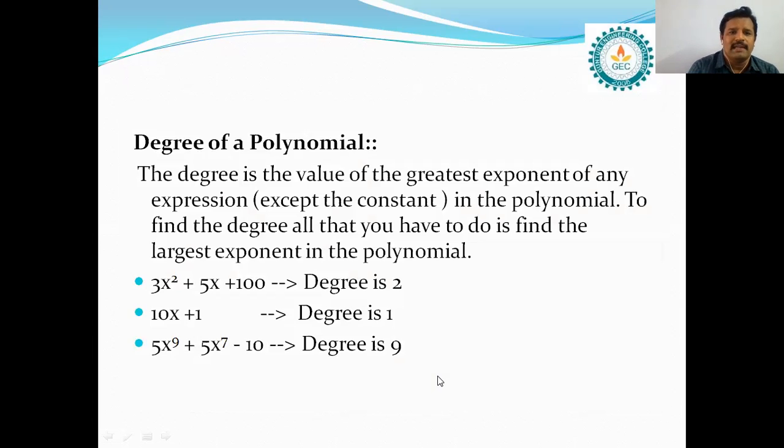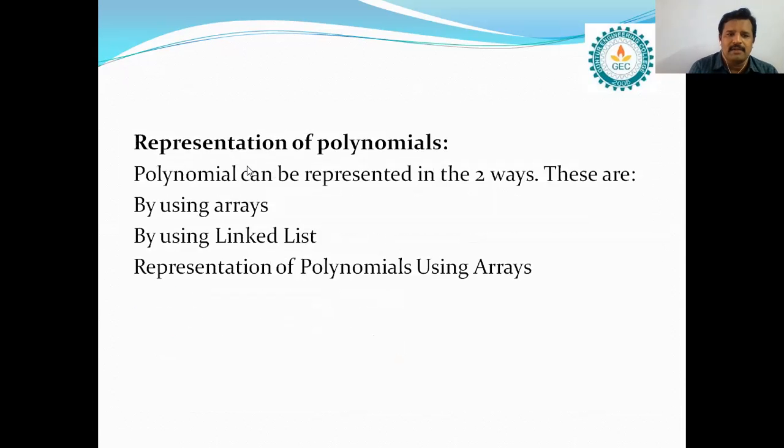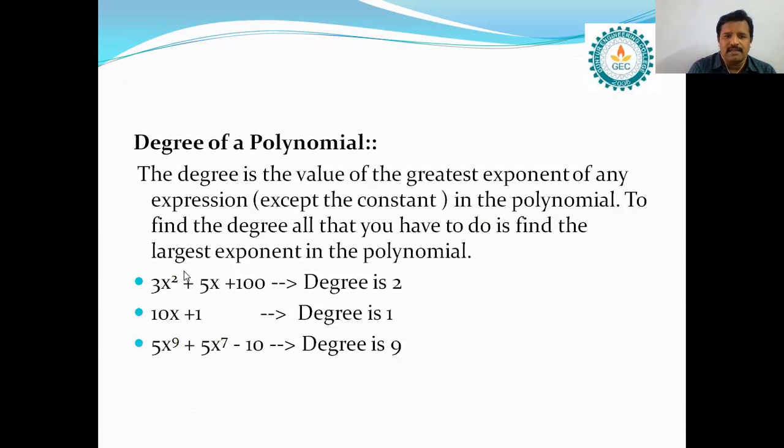Degree of polynomial: the degree is the value of the greatest exponent of any expression. Whatever the expression is, the degree of the polynomial is nothing but the value of the highest exponent. For example, here we have three expressions. The first is 3x square plus 5x plus 100. What is the degree?